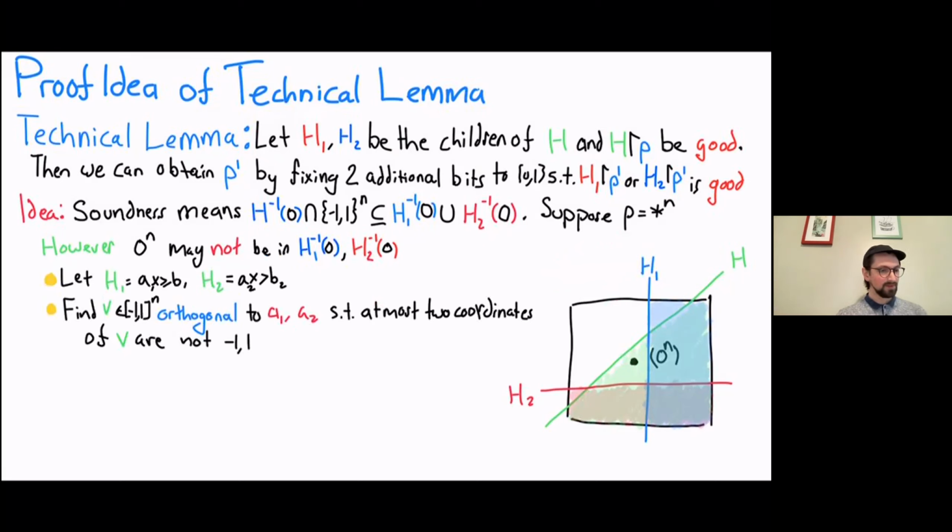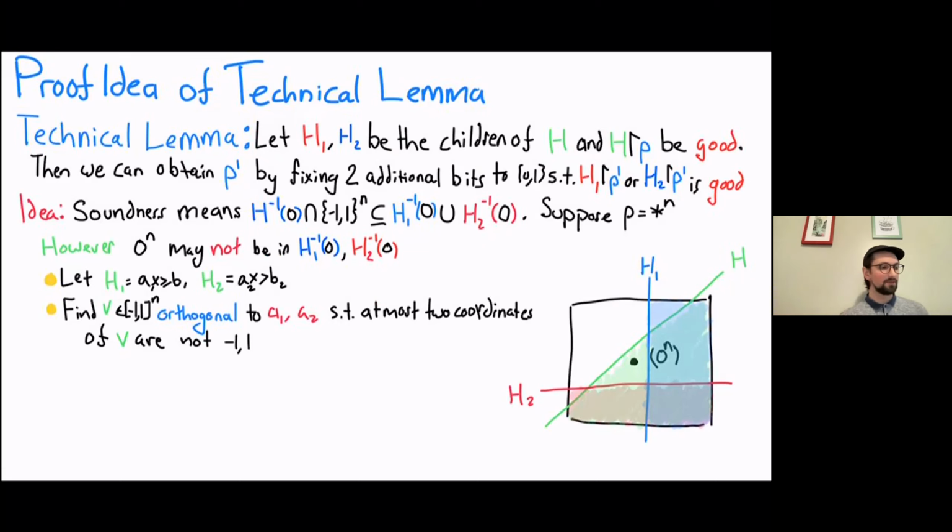The high level idea of what we want to do is start at the all zero point and walk in some direction so that we fix only 2 coordinates. We're going to only walk in 2 coordinate directions from this 0 point so that we land within the falsifying area of H1 or H2. I won't show you how to get this vector, but it's not that hard.